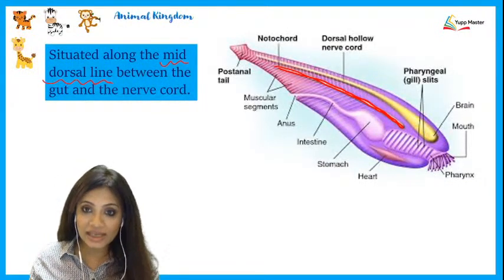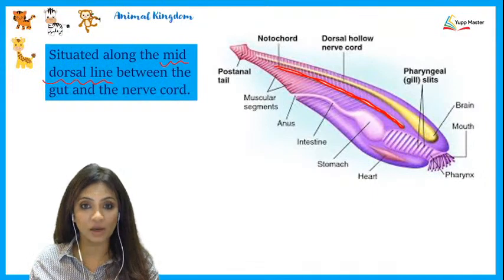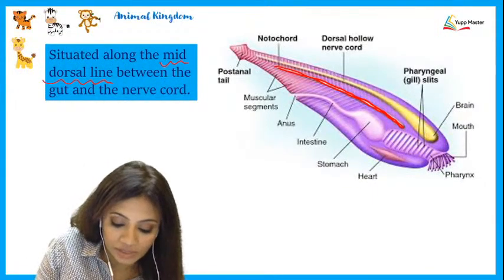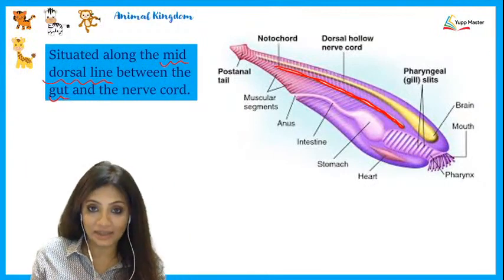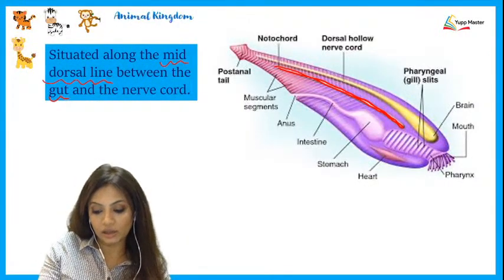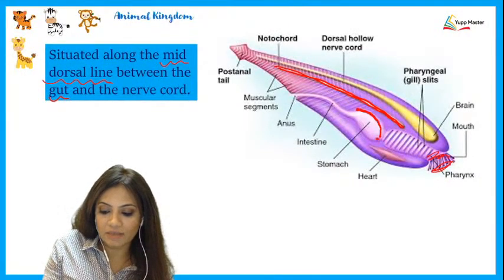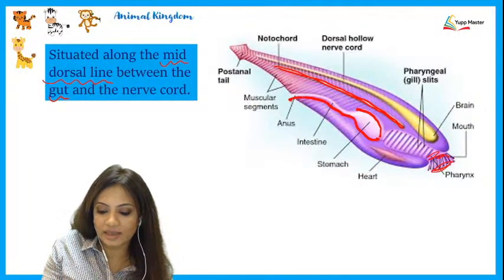And where is it exactly? It is a structure which is found between which two things? Between first the gut, meaning the intestine or the digestive system. So here if you see, there is the mouth, the pharynx, this is the stomach, the intestine and the anus.